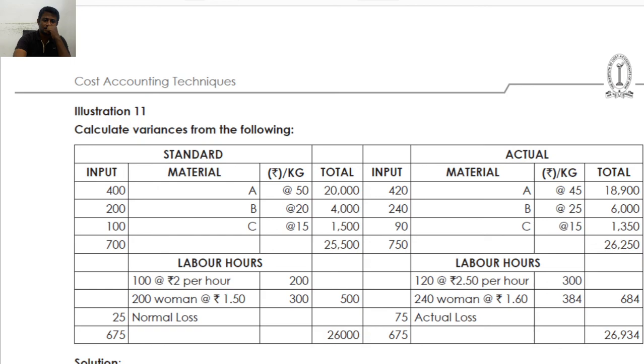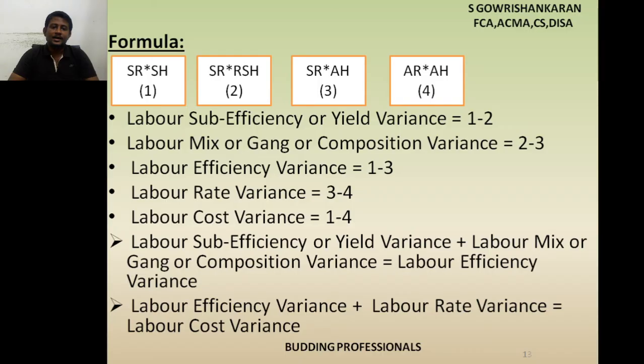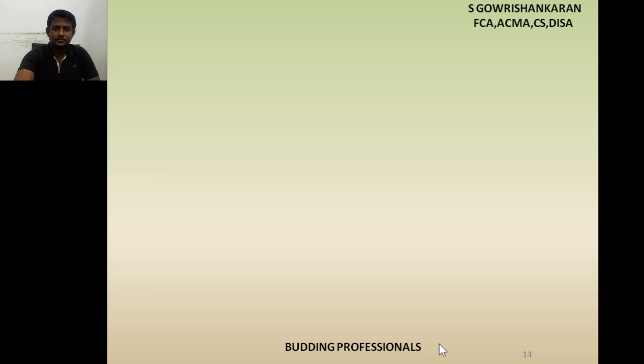Start working out the problems, revise regularly, and especially solve the suggested answers, RTP, MTP related problems. Remember the formulas properly, write the formulas properly, and try to logically understand the formulas. Okay, so with this the topic is over.